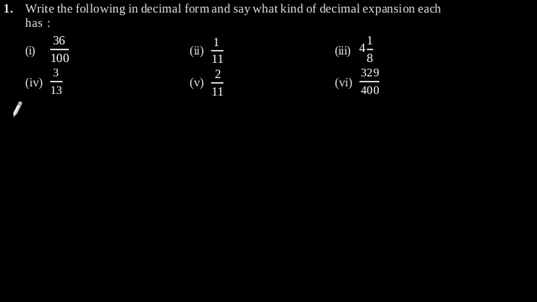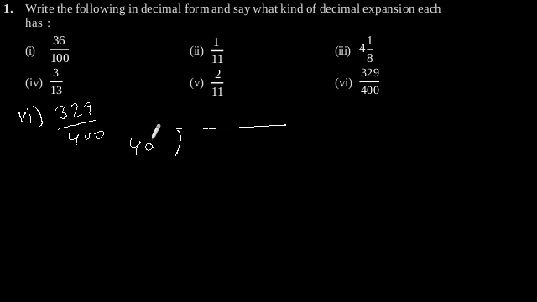Last part, 6th, 329 by 400. 329 is less than 400, so we put point. 400 into 8 is 3200, which gives remainder 90.